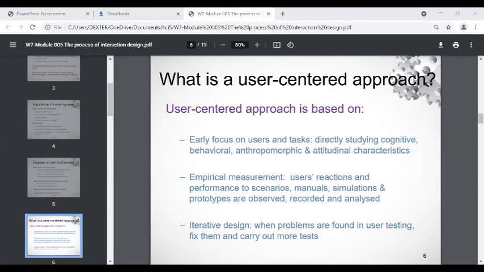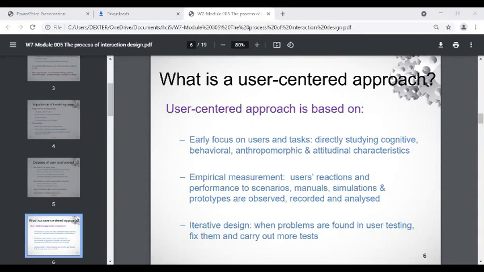Okay, so in 1985, Gould and Lewis laid down the principles they believed would lead to a useful, easy to use computer system. Okay, so early focus on user and task. This is the first.